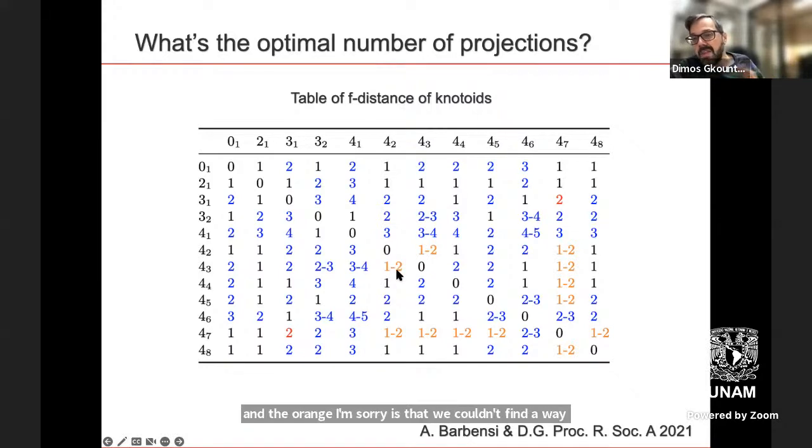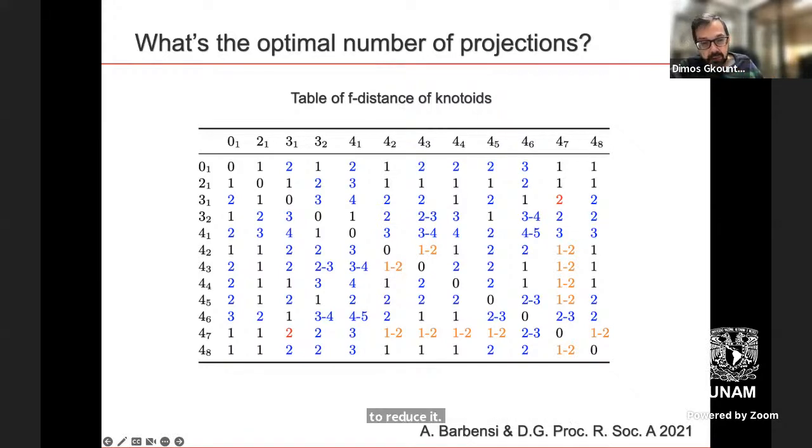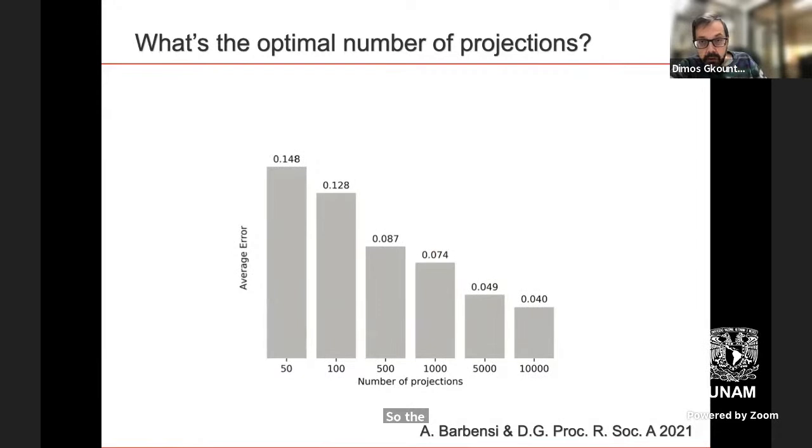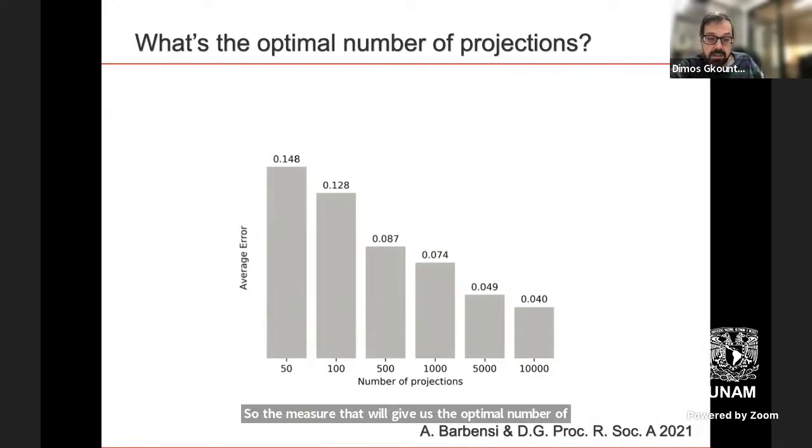We found either 1 or 2 depending on the representative of the curve, so we couldn't somehow get it lower and get a specific number for those. Okay, so the measure that will give us the optimal number of projections, we call it average error.